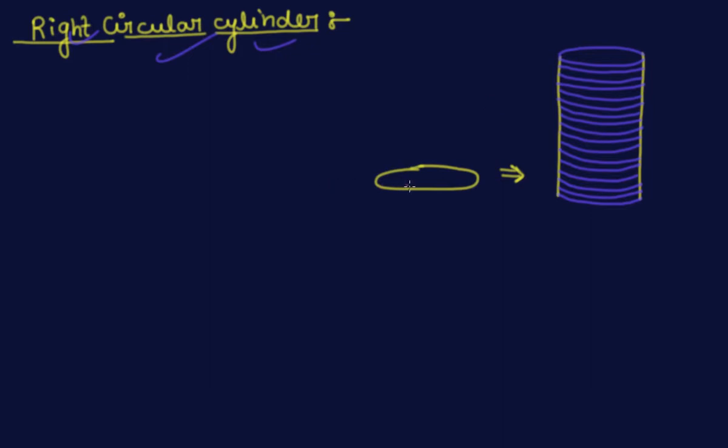If we take a number of circular sheets of paper and stack them up, as we stacked rectangular sheets earlier, and the stack is kept vertically, we get what is called a right circular cylinder.